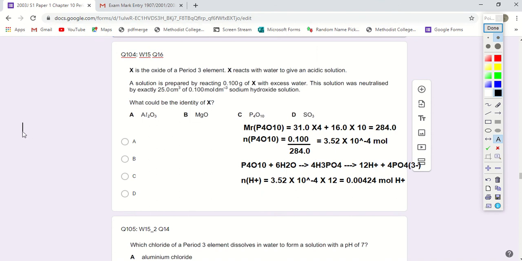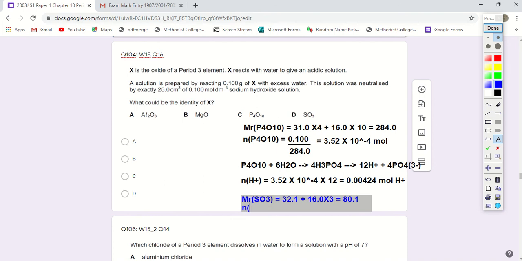Now let's do the same for sulfur trioxide. I use a different color. 32.1 plus 16.0 times 3, we should get 80.1.